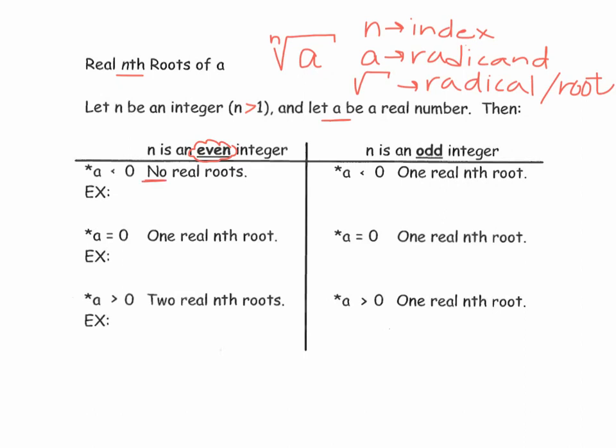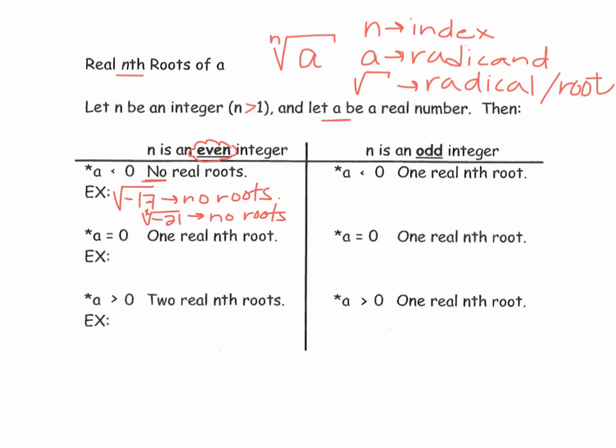Here's an example. We've done this before. When we did the quadratic formula and got something like the square root of -17, that means no solution or no roots. We can't take the square root of a negative number. You could also try a different type of even root, like the fourth root of -21. You can't multiply a number 4 times and get a negative answer. So there are no roots for the fourth root of -21.